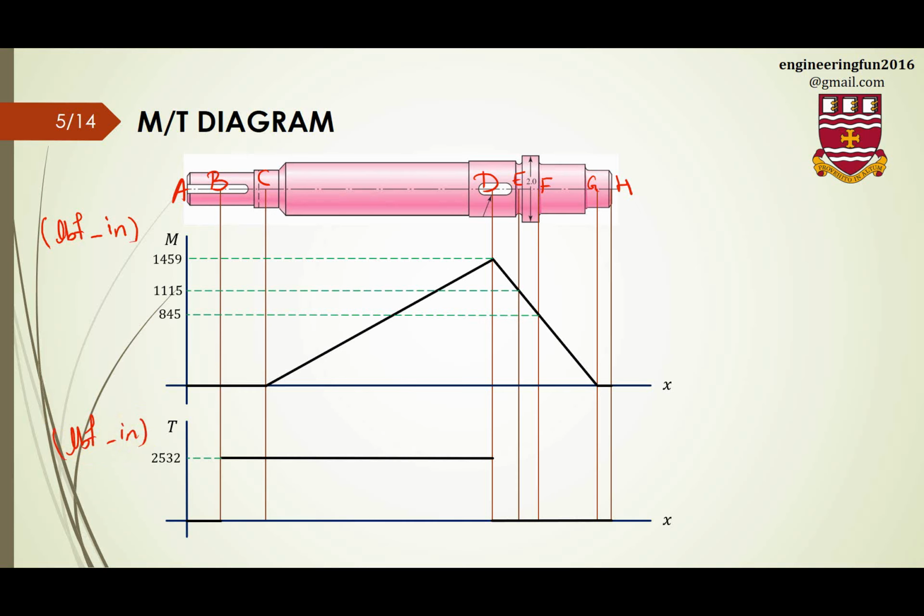So the maximum for moment is 1459 pound inch, and the only value for torsion that we have is 2532 pound inch. Okay, and we have the amount of moment for point E and point F, which are 1115 and 845 respectively.